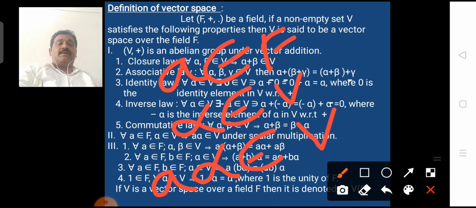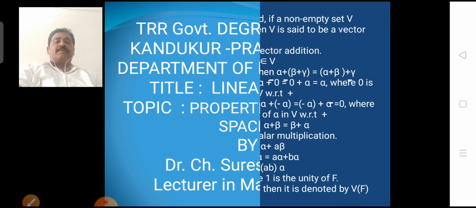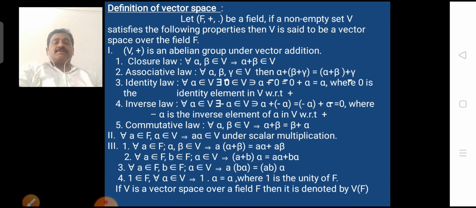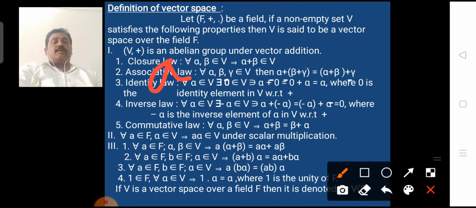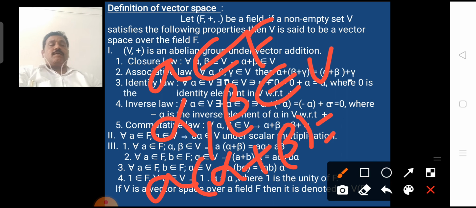And the third one is the law involving two types of properties, one is vector addition and the other scalar multiplication. They are divided into 4 separate laws. One is for every a belongs to F, and alpha, beta belongs to V, then a into (alpha plus beta) is equal to a alpha plus a beta.